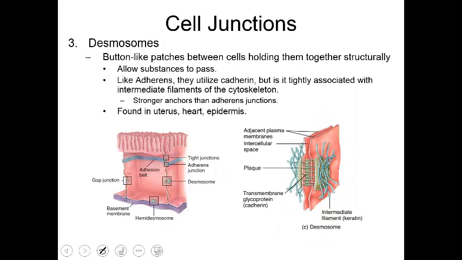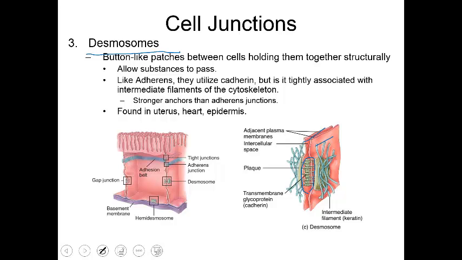The next cell junction we're going to look at is called a desmosome. A desmosome is like a thumbtack. So what we have here is the plasma membrane of one cell, the plasma membrane of the adjacent cell. We again have the zipper that is made up of the glycoprotein cadherin.